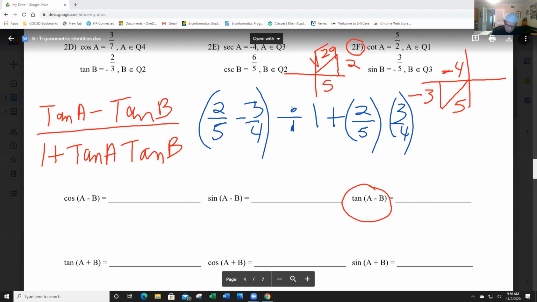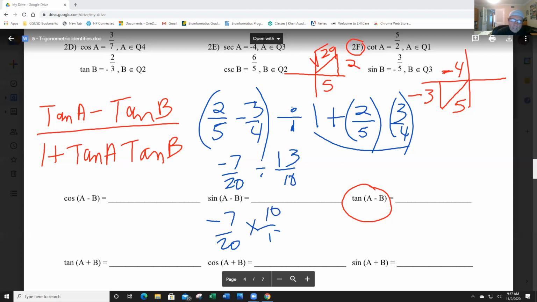When you do this one, the numerator ends up being negative 7/20, if you get the common denominator of 20. That's divided by this side right here, which ends up being 13/10. When you turn it upside down and go -7/20 times 10/13, you do some cross canceling and you end up with -7/26.